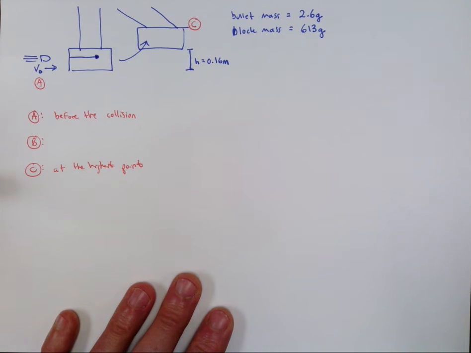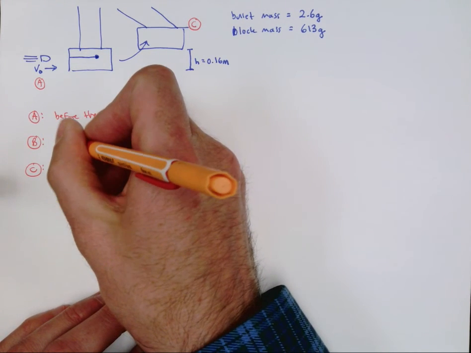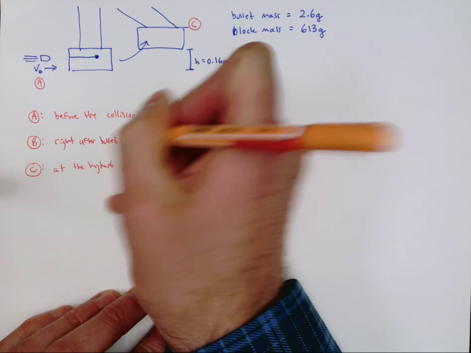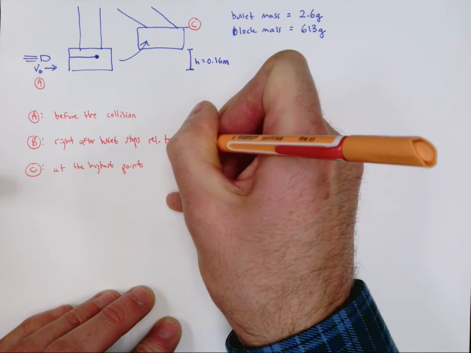And I say relative to the block because at that point, the bullet and the block together are moving. The bullet has transferred momentum and velocity to the block. So B is right after the bullet stops relative to the block.